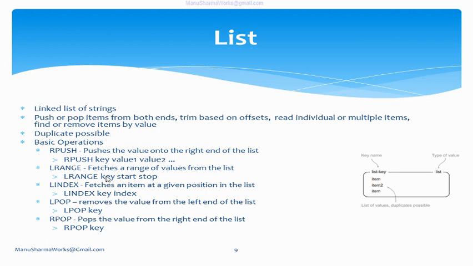So we can fetch the range of values from the list. Range of values means, in this case the first value is index 0, the second has index 1, the third has index 2. So if I want to fetch only item 1 and item 2, then I can use the command lrange key 0 and 1.